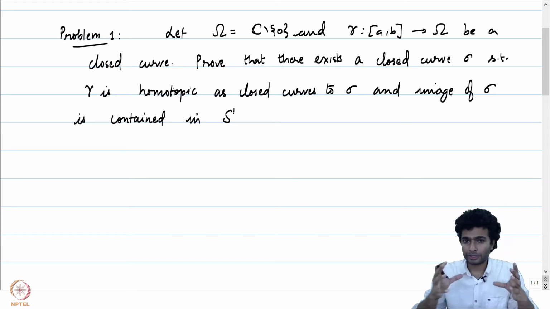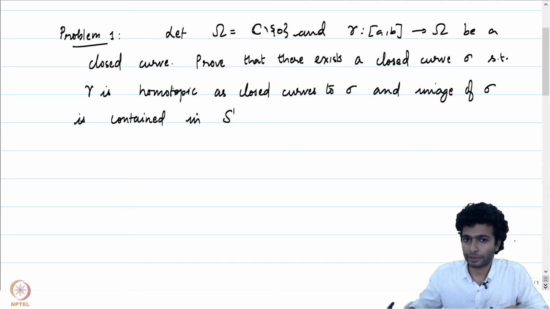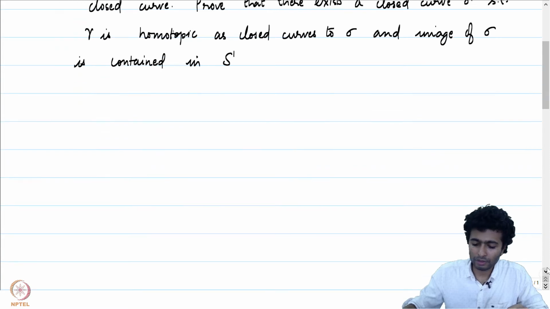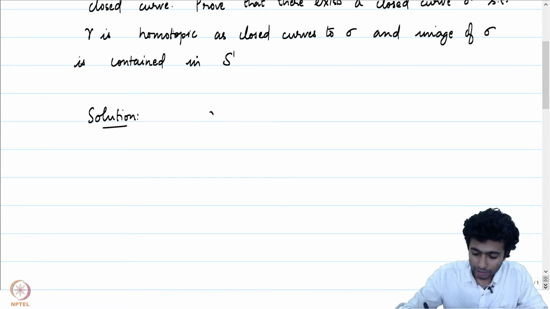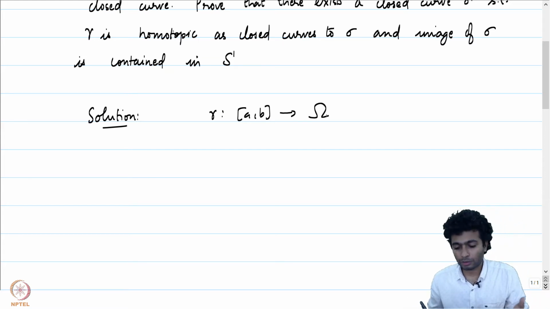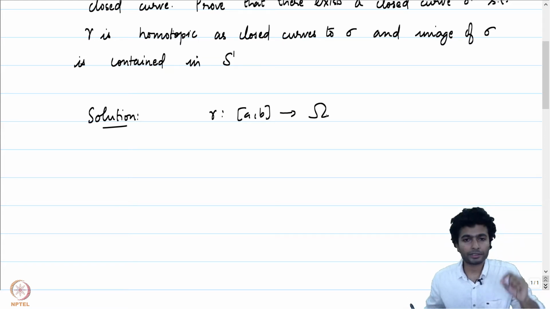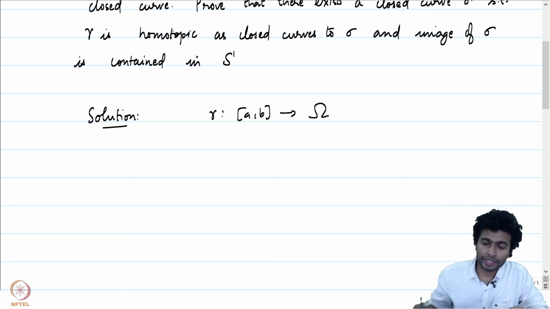S1, recall, is the unit circle, the set of all complex numbers z such that the absolute value of z is equal to 1. Let's give a solution to this. This is quite straightforward. We already start off with gamma, which is a closed curve in omega, and because omega is C minus 0, it means that gamma of t is not equal to 0 for every t in [a, b].